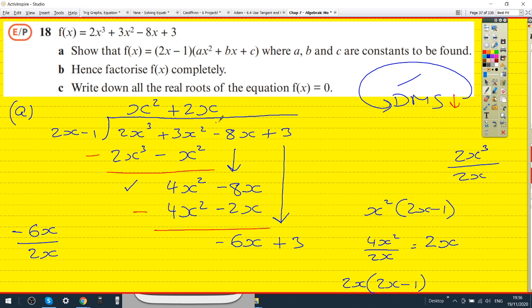You get minus 3. And then you do minus 3 multiplied by both of them, 2x minus 1. So the answer is x squared plus 2x minus 3.